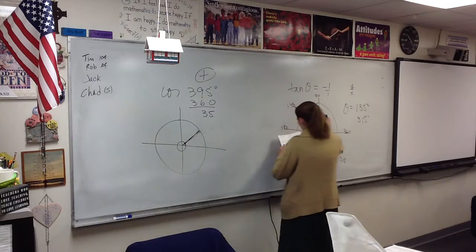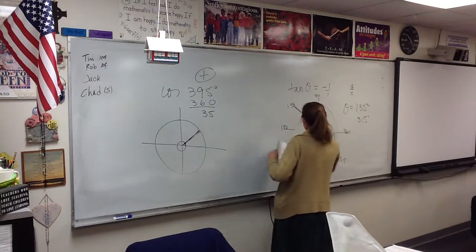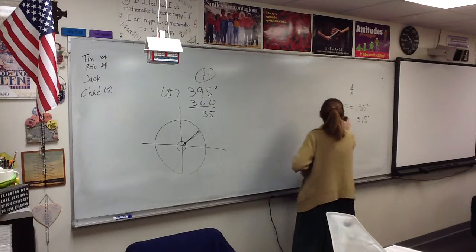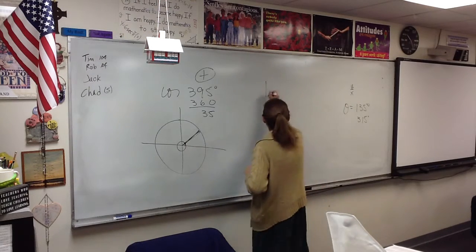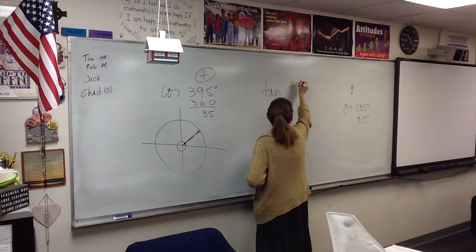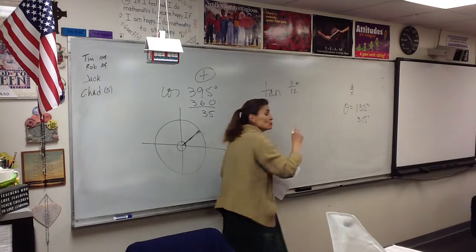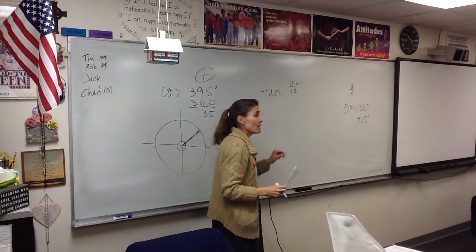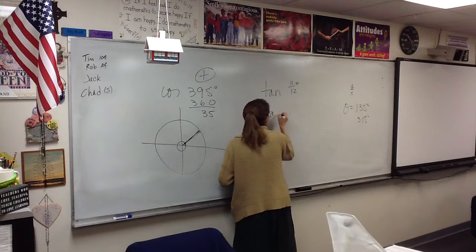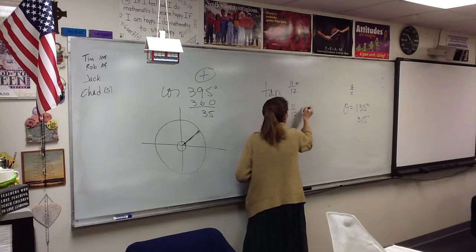Okay. There's a question like that on here. What about the tangent of 11 pi over 12? Now, I need you to understand that 11 pi over 12 is 11/12 pi.